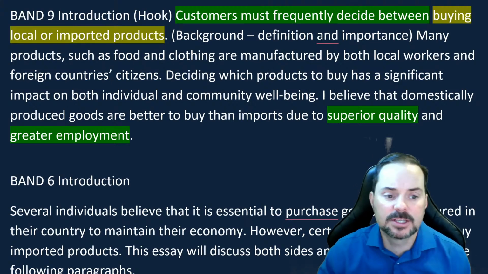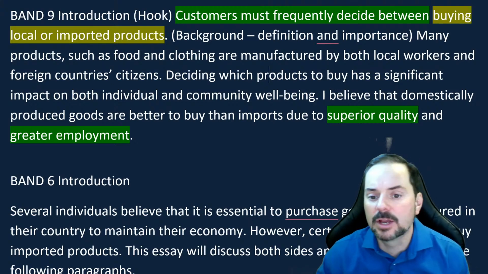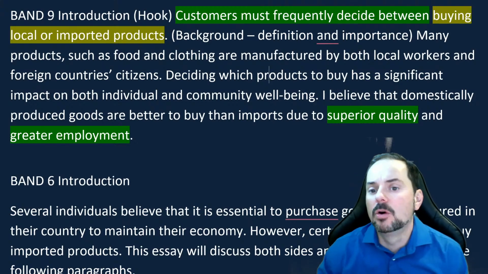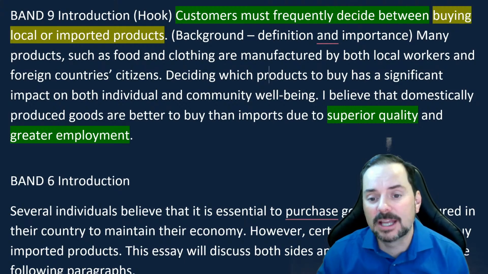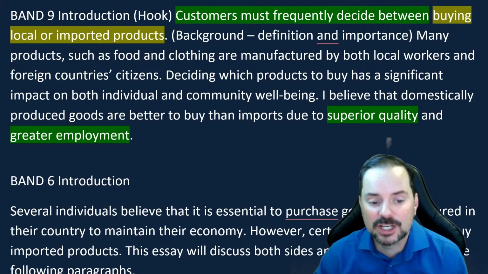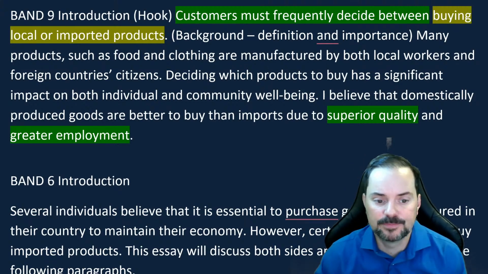I believe that domestically produced goods are better to buy than imports due to superior quality and greater employment. Okay, that is your Band 9 level. Much more clarity, much more definition, much more direction in the essay. All right. Okay, so that's the difference.